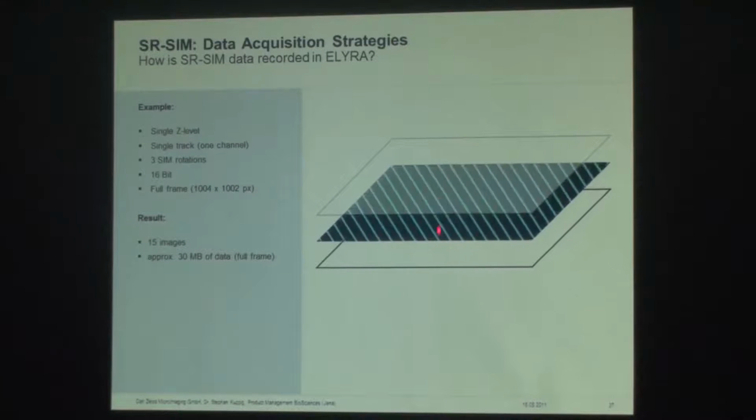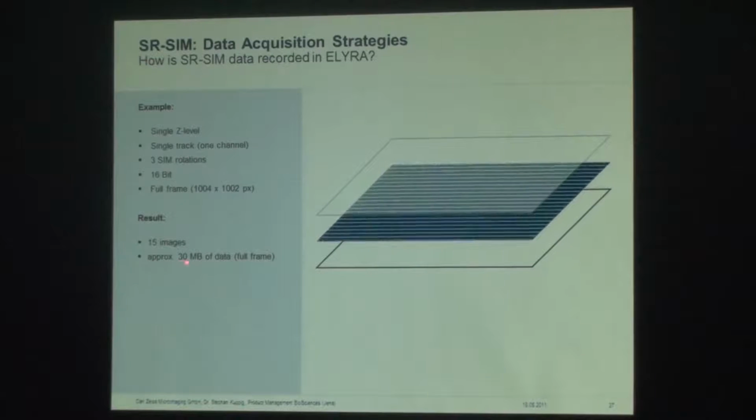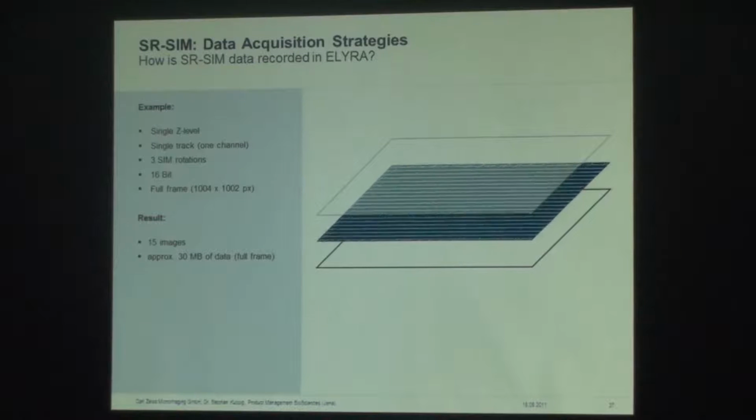You don't focus up and down, you just focus to one plane, and then you take a super resolution image in one channel. In that case, you take 5 images every rotation, and 3 rotations in this case, which results in 15 images and 30 megabytes of data. You can also choose to take 5 rotations, and then accordingly the number and size of the images will differ.